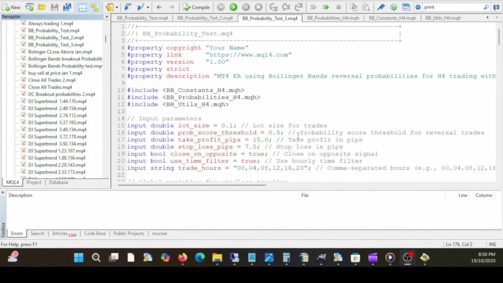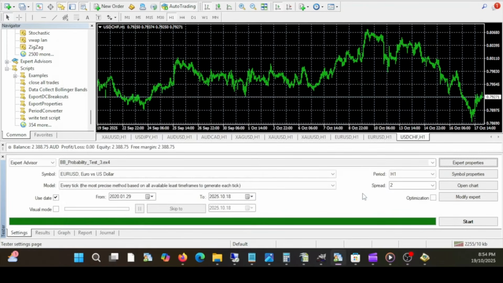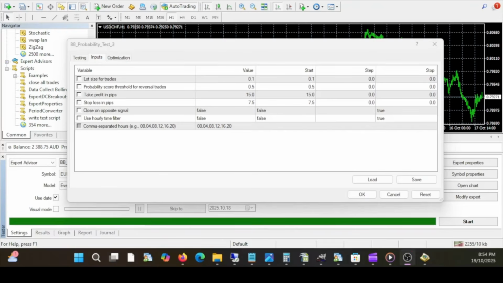Stop loss and take profit were set from the data's min points equals 50. 5 pips for significant moves. Our stop loss is set to 7.5 pips, which is 1.5 multiplied by 5 pips. This is to allow volatility while limiting losses on failed reversals. From the data, the chance of a failed reversal is 62%.